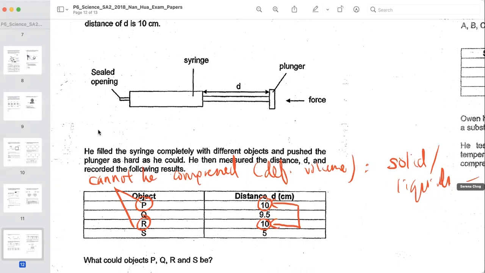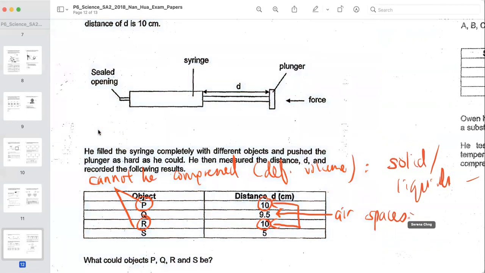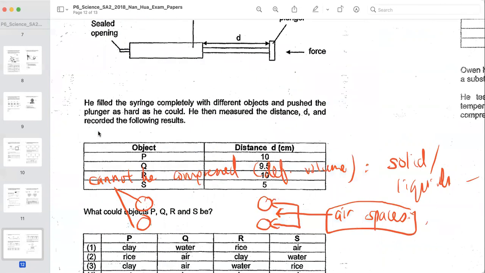After we know this, you also have to know that Q can be compressed a little only. So my guess is probably the air spaces. There are air spaces in it. So it is the air in the air spaces that can be compressed. So you look out for something that has air spaces for Q. With this in mind, we look at this.